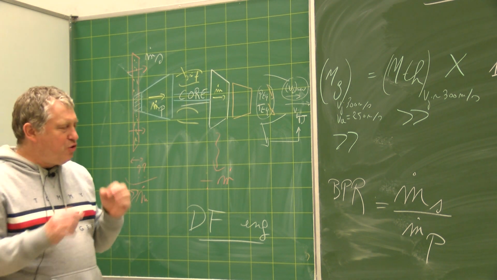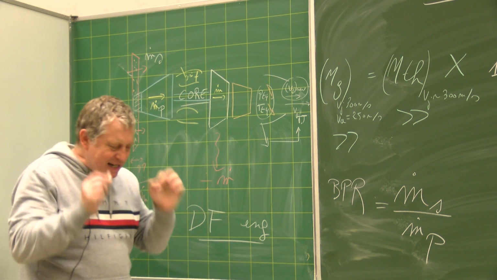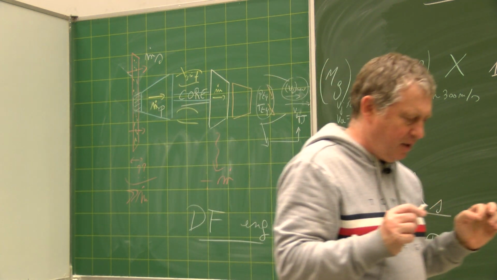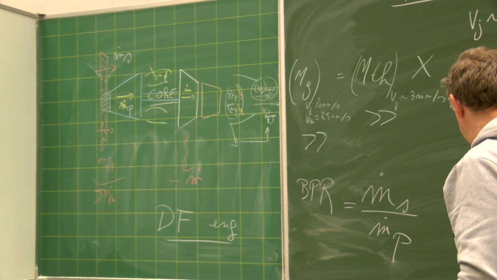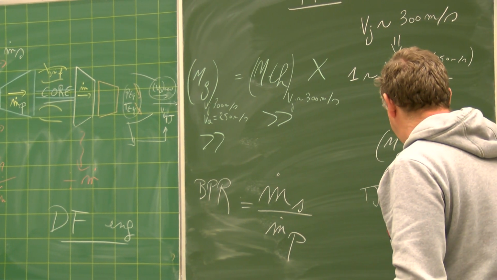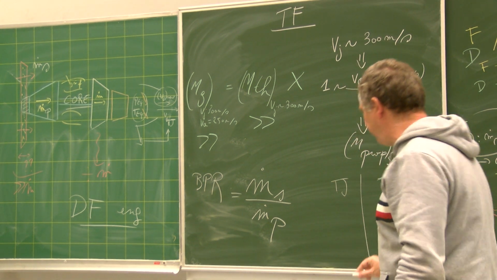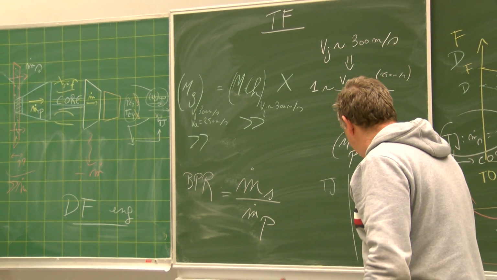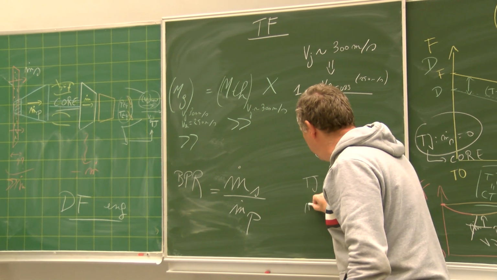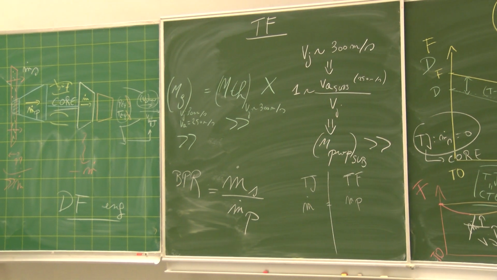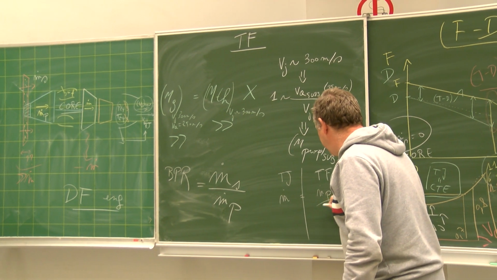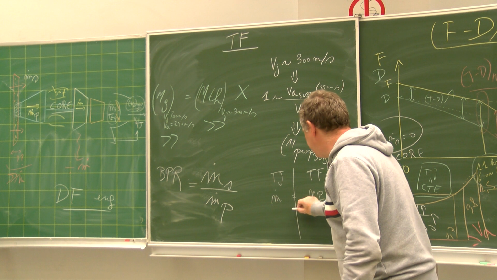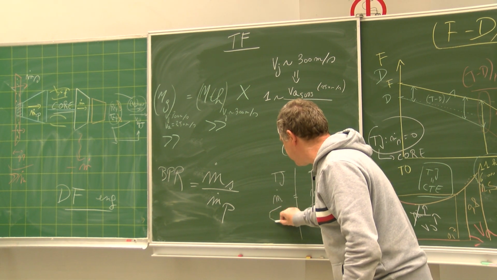What you need to do when comparing, when trying to understand a turbofan, what you need to say is that for the turbojet compared to the turbofan, I've not yet explained the turbofan, you need to say that the primary flow here is equal to the m dot of the turbojet. You need to say that the central compressor is the same in the two cases.